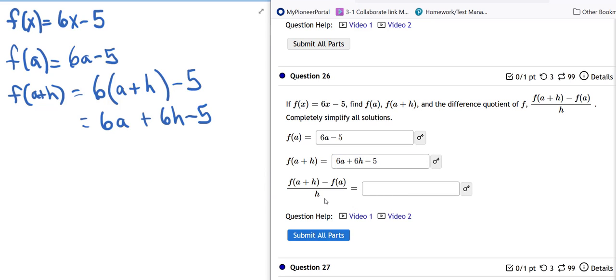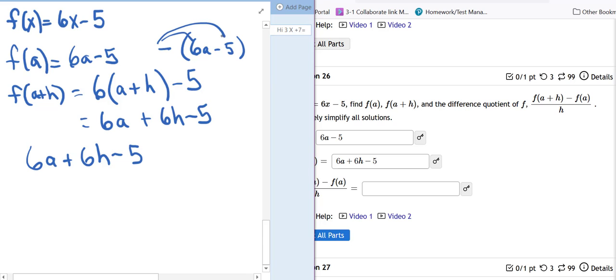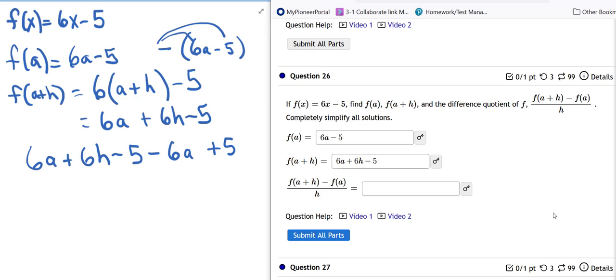And then we want to do the difference quotient. So we're going to do the f of a plus h, which is this one. We're going to subtract f of a, and this is where you have to be careful. You want that subtract to go to the whole thing. So you want to do minus 6a plus 5. Right? And all of this will be over h.